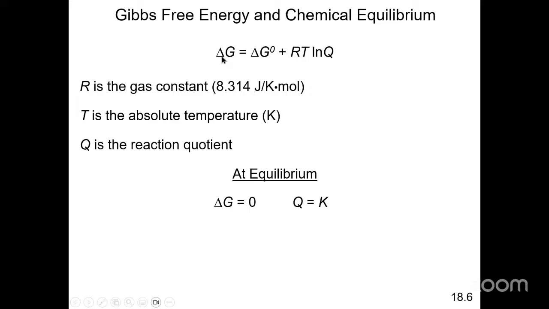So if we put 0 here and we put K here, this is the equation we're going to end up with. 0 is equal to delta G standard plus RT ln K, which means that delta G standard is going to be equal to minus RT ln K. So here we have established a relationship between the standard free energy of a reaction to the equilibrium constant, all right? So this is a very important equation. I think this is one of the equations that's available in Canvas. So you don't need to memorize it, even though you probably should when you're doing problems and all that. But I think this is actually in that packet, all right?